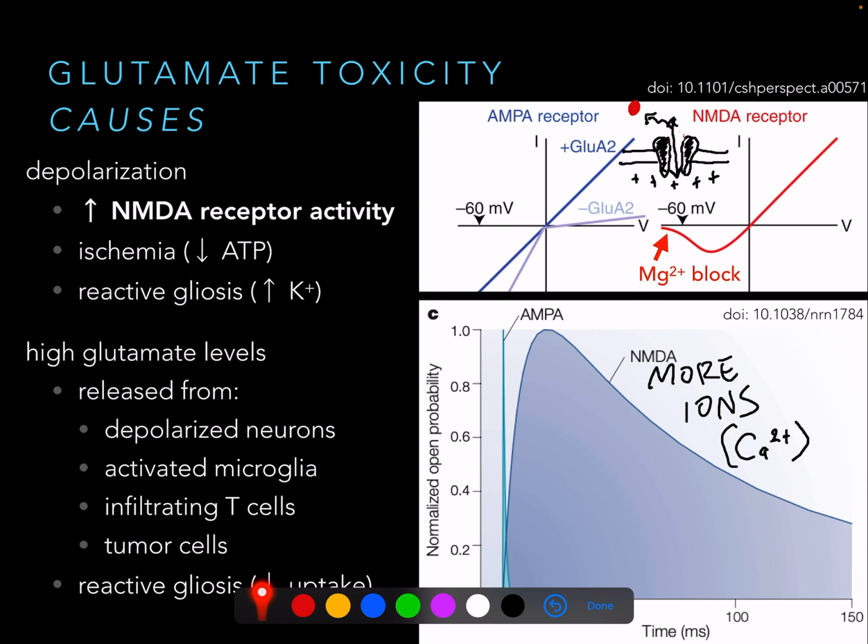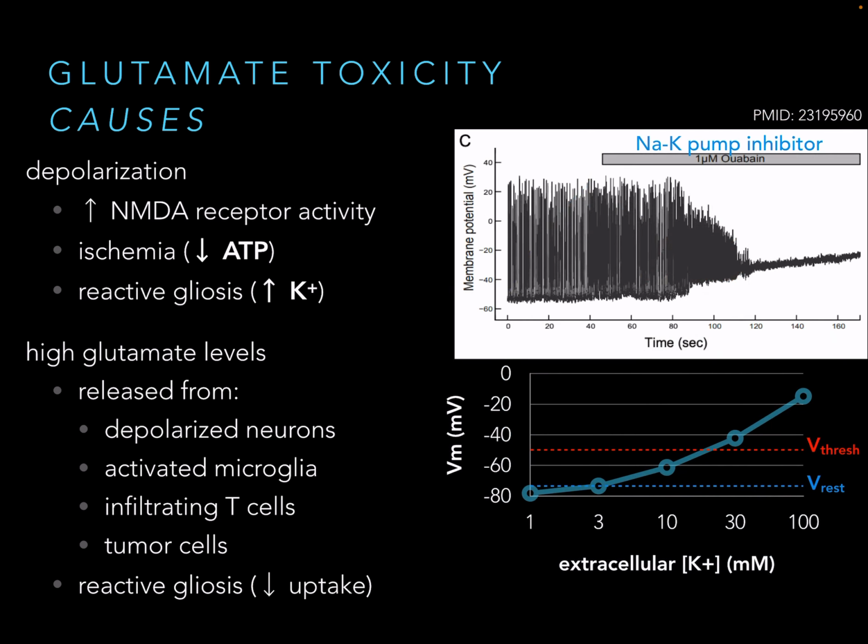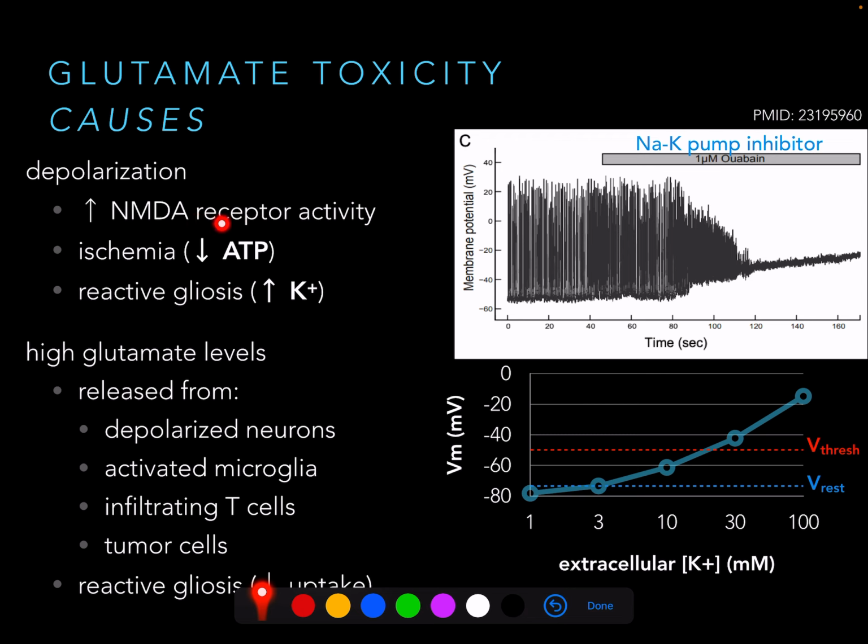Okay, so what can cause that depolarization? Well, many things. Surprisingly, if you don't have enough ATP to pay the bill, you depolarize. You might think that a neuron that doesn't have enough ATP would just stop working. And it does, but only after it works itself to death, pretty much.